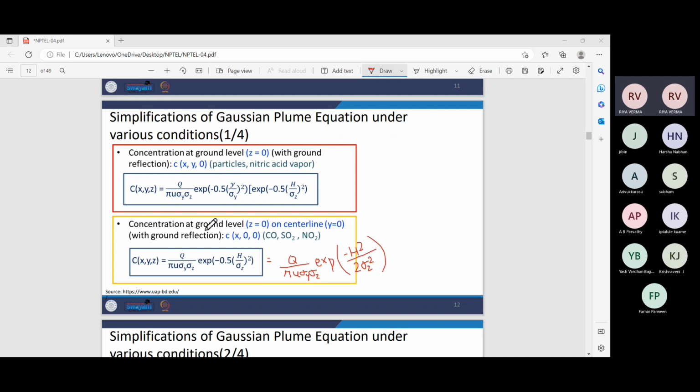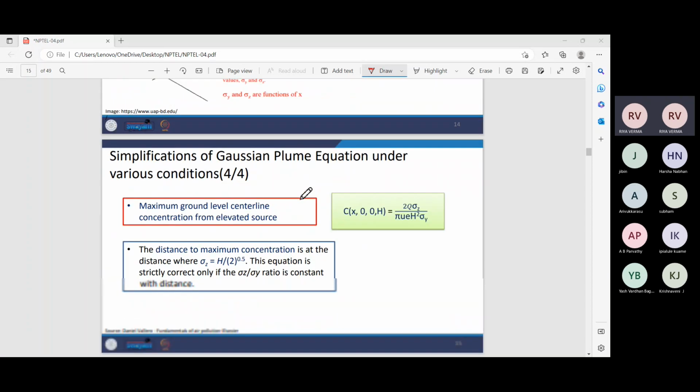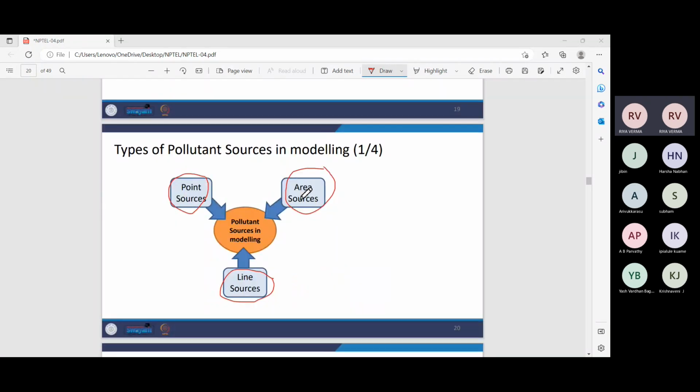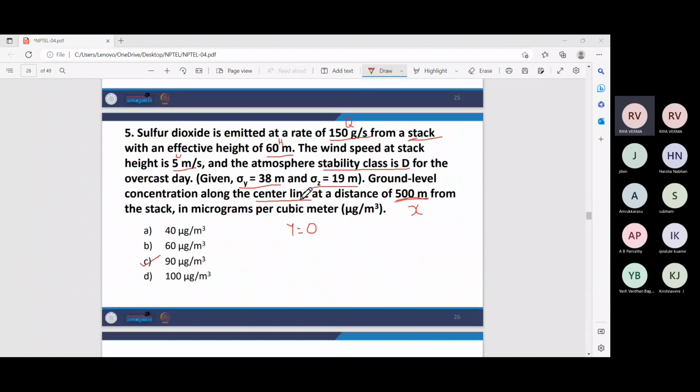So this equation we have used because in the question I think they have also mentioned the concentration at the ground level. Yeah, ground level concentration. So your z will also be 0.